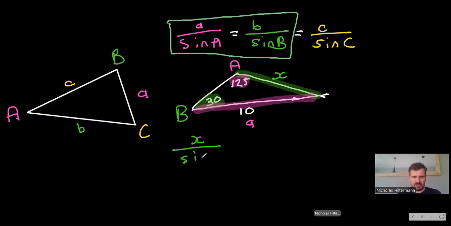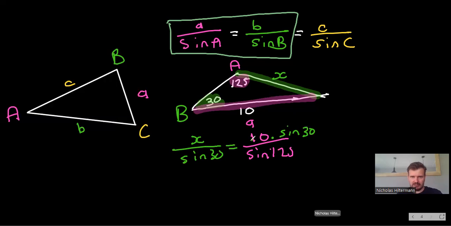So it's x over sine 30 equals 10 over sine 125. And then I simply, the sine 30, when it goes to the other side, goes to the top. So it's 10 sine 30.